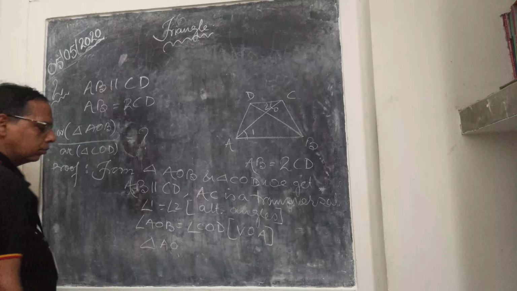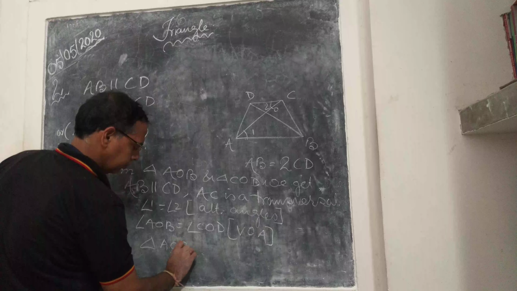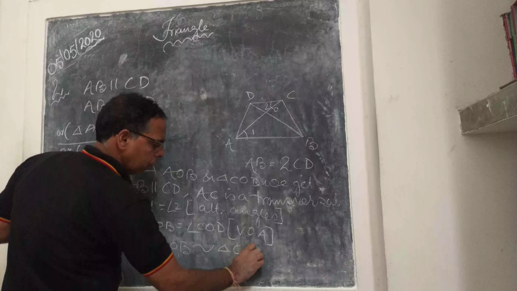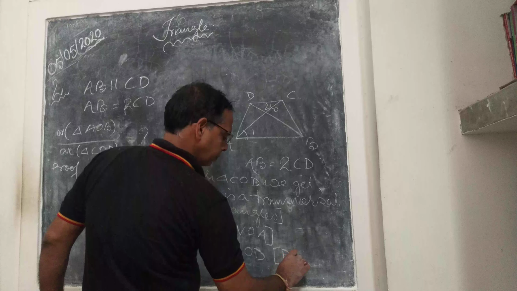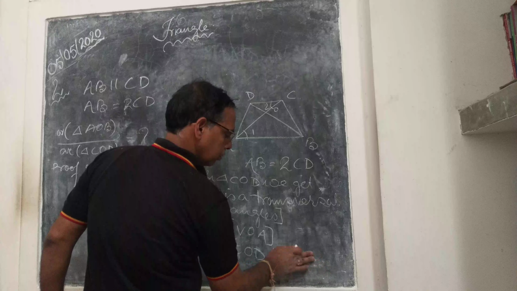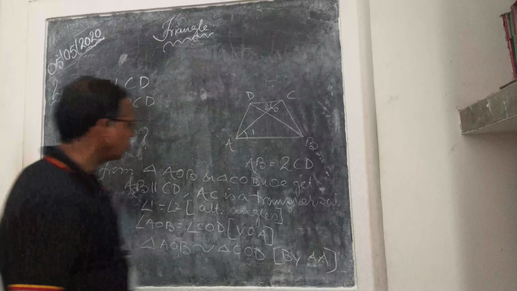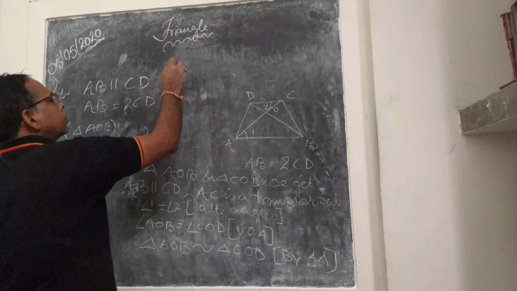Then triangle AOB is similar to triangle COD by AA. Well, now you see, if these two triangles are similar, then what will you get?